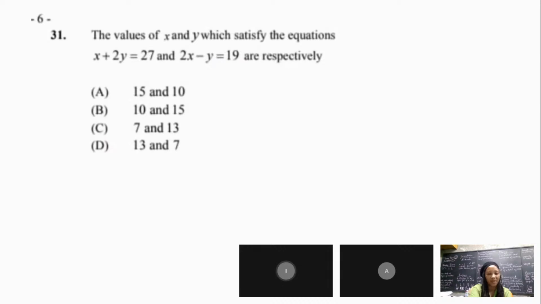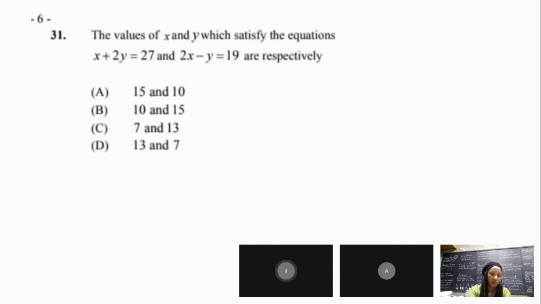Okay, miss, so we're halfway there. Number 31. The values of x and y which satisfy the equation x plus 2y equals 27 and 2x minus y equals 19 are respectively.